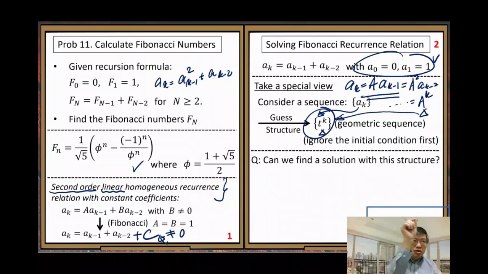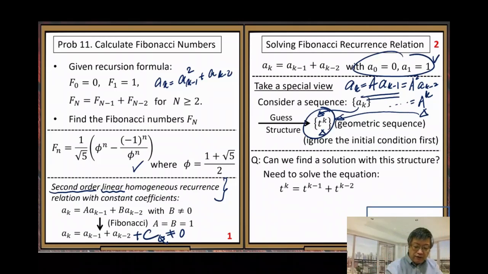So let us just plug into that recurrence relation. So we should have this equation. Then we do cancellation, simplify the equation. So we get this one: T squared equals T plus 1.